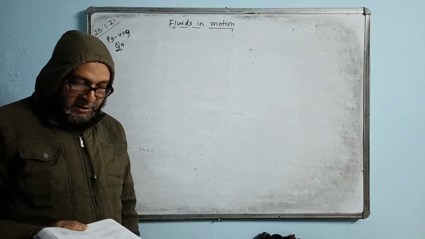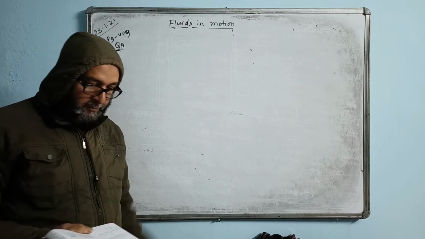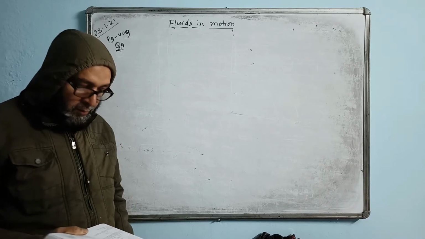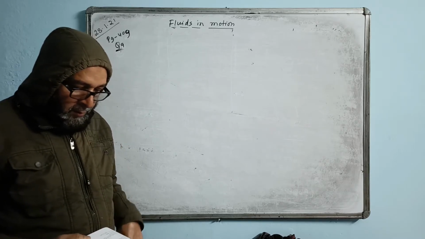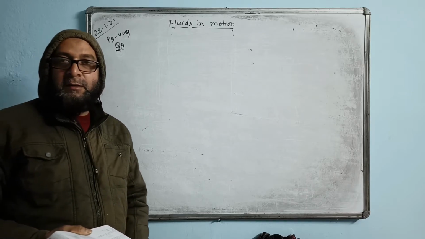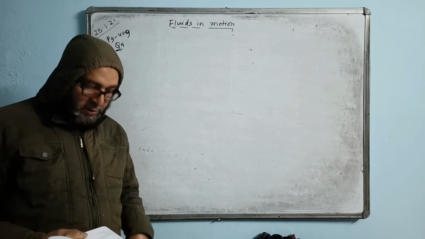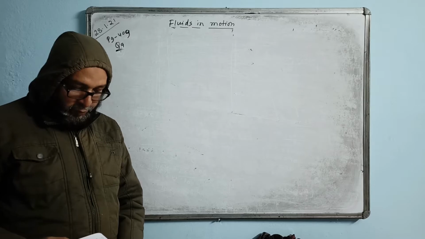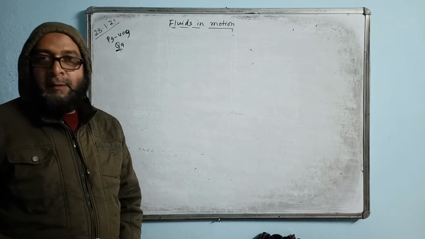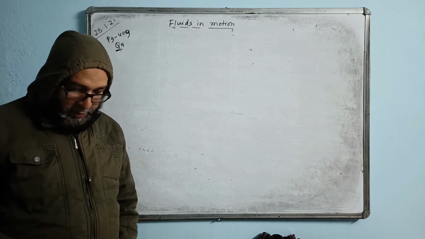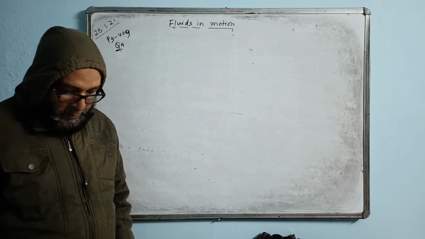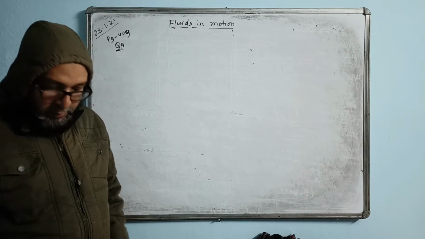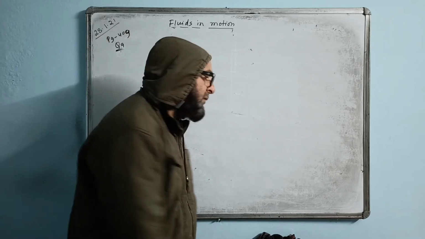If the jets emerging from these orifices hit the floor at the same point, then find the height of the water in the tank.